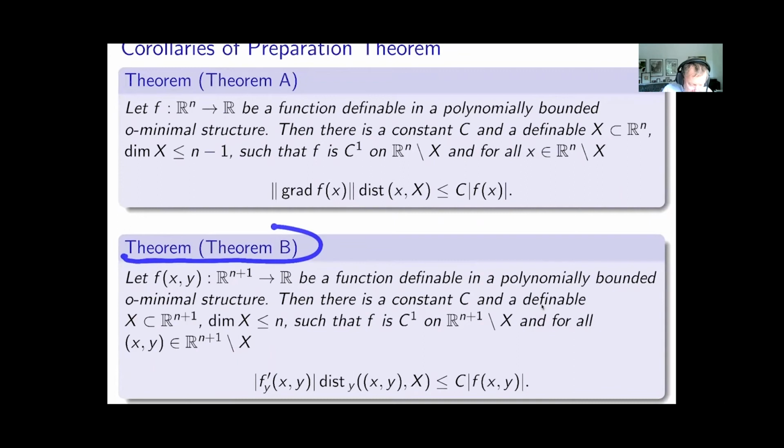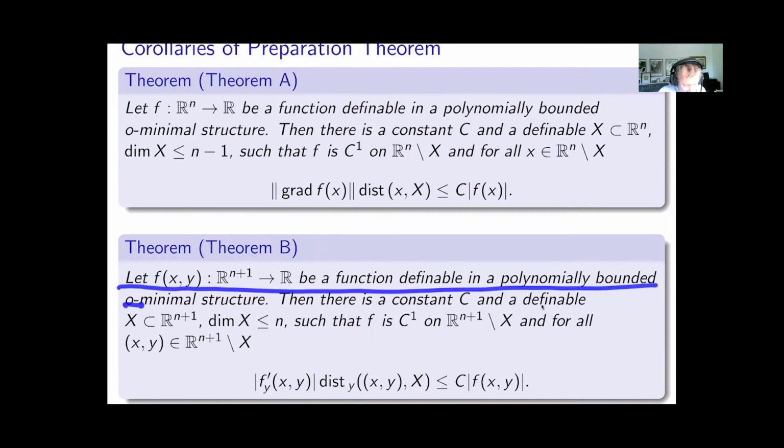Actually, in a way, this is a better theorem. Of course, theorem B implies theorem A, and this is exactly what I told you: as soon as you have such a function with this distinguished variable, it's enough to bound only this variable, but then the distance is bounded in direction y.